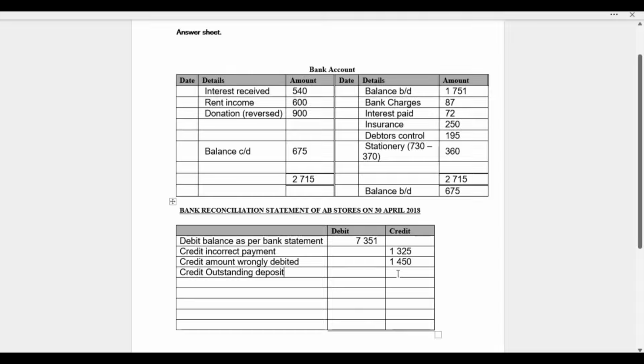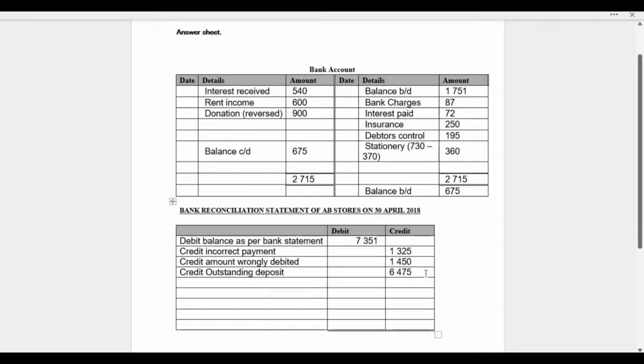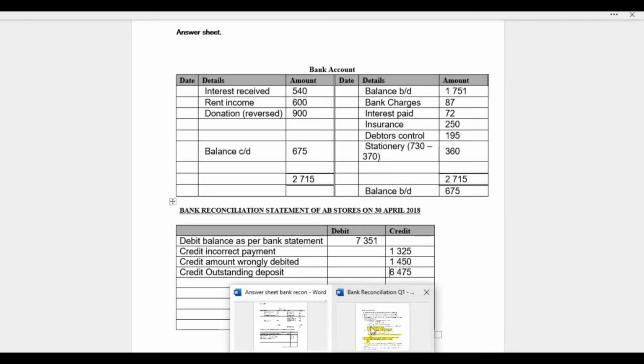Okay, so now 6,475, that is the amount that has been outstanding, a deposit that was outstanding. Okay, and then now let's proceed. Let's go to another one.